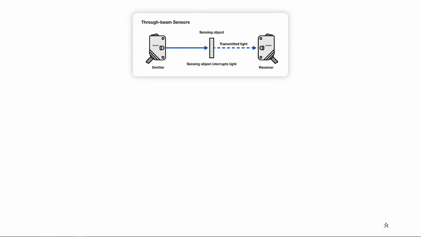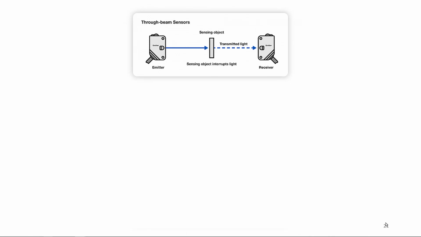Now I just happened to notice that this graphic, and I didn't make this graphic, I just snagged it off the internet from a good company, but notice that both electronic devices say emitter on the sides of them. We'll just ignore that. The emitter is on the left side, so one is a light source and the other is a light receiver. So if an object blocks the light, then the receiver going dark indicates that there's an object there.